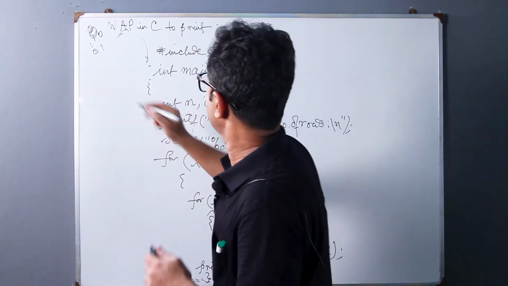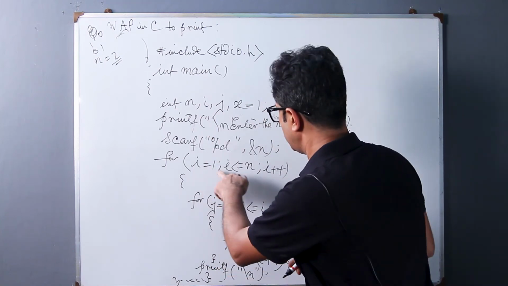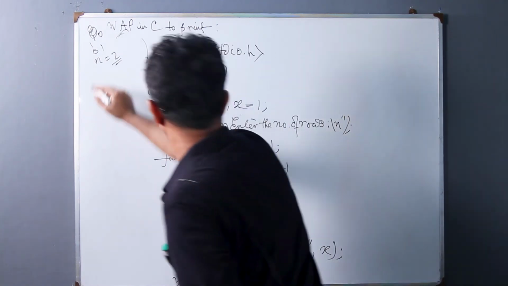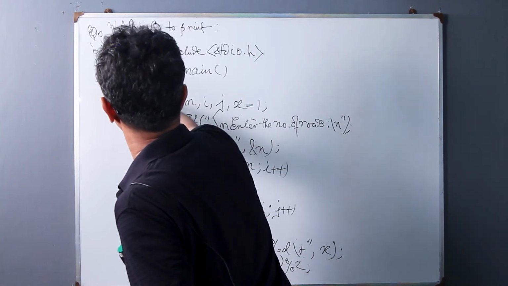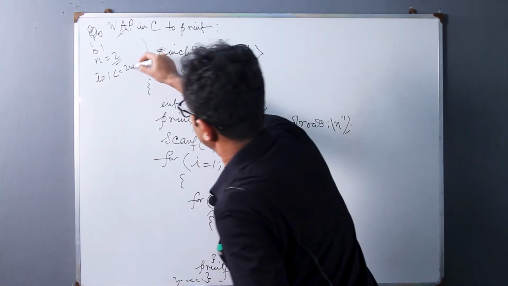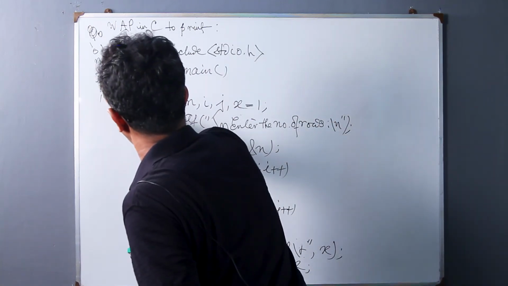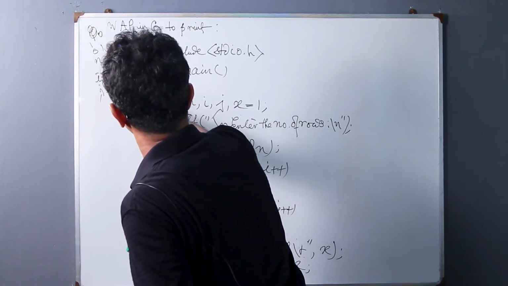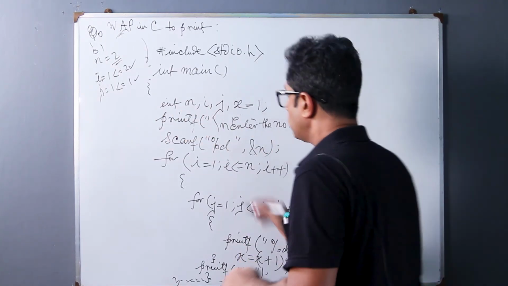Suppose n is specified to be 2 by the user. Then the loop construct says i is equal to 1, i less than or equal to 2. It is correct. We enter the first loop and then go to the inner loop. j is equal to 1, j less than or equal to 1, obviously. So we enter the second loop as well, and then print whatever is x.